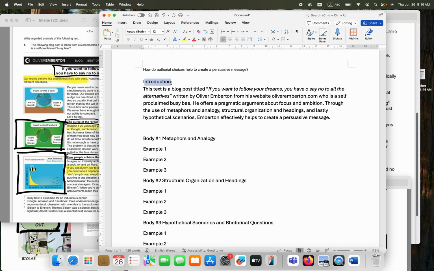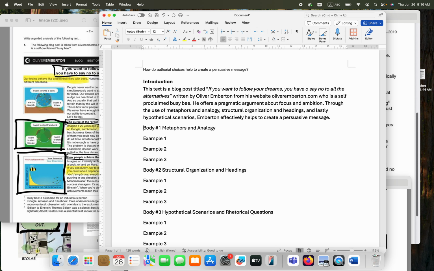So let's get into the first body paragraph, which will be talking about metaphors and analogy.